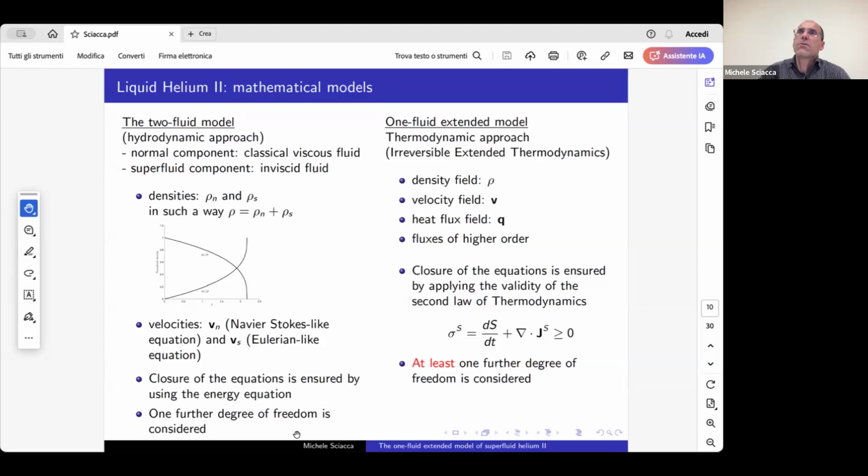So when you go down to the lambda temperature, another fluid has to appear, the so-called superfluid component. And the vorticity and quantum turbulence are related to this field, Vs, the superfluid component. On the other side, when you go below the lambda temperature, you recognize that the heat flux field appears. So you are right.